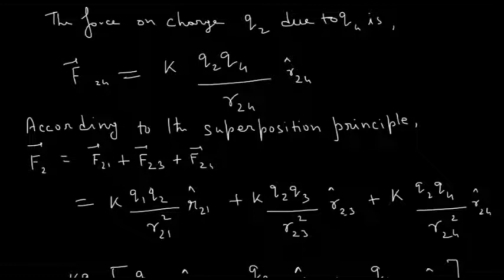According to the superposition principle, F2 is equal to F21 plus F23 plus F24, which is equal to K Q1 Q2 upon R21 square, unit vector R21, plus K Q2 Q3 upon R23 square, unit vector R23, plus K Q2 Q4 upon R24 square, unit vector R24.